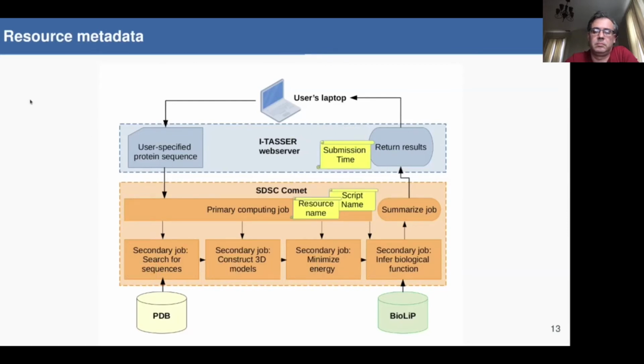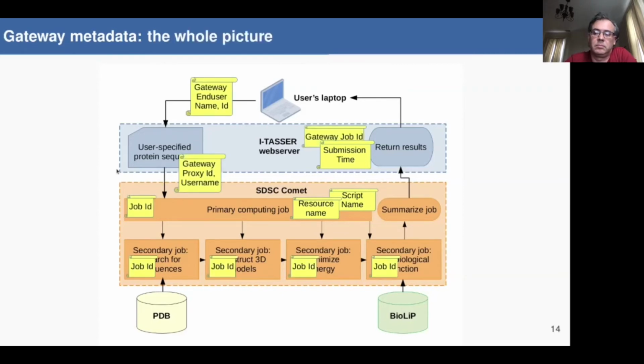There's resource metadata also associated, so submission times, so both timestamps and zones where these times are logged, the script name, the executable name, the resource and queue names. All of these things need to be collected so that we can fully account for what this job is doing. So the whole picture looks like this.